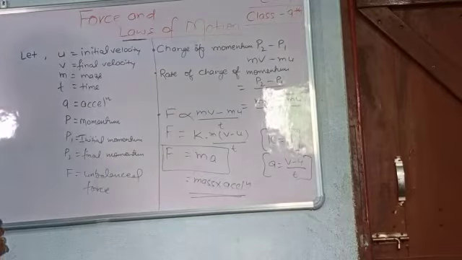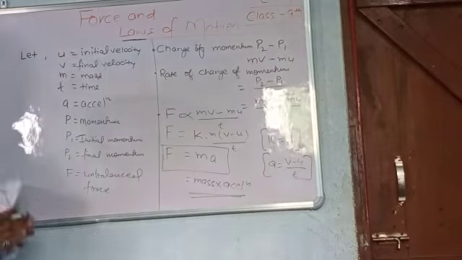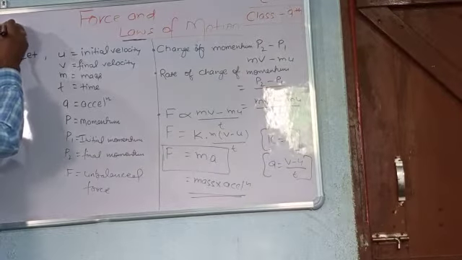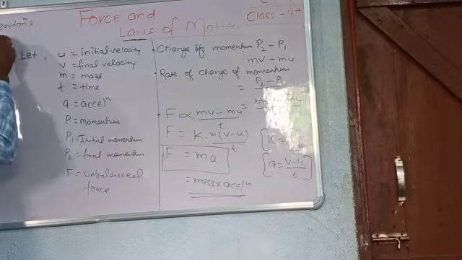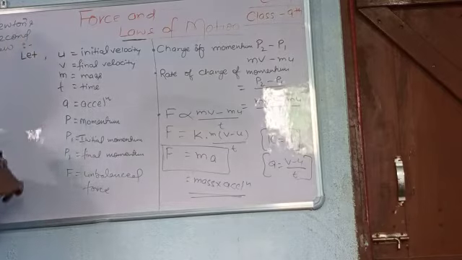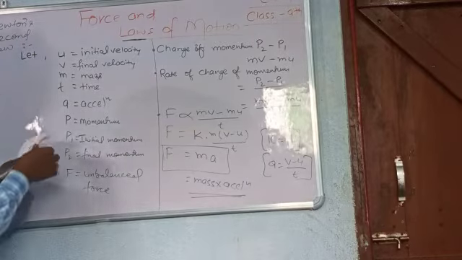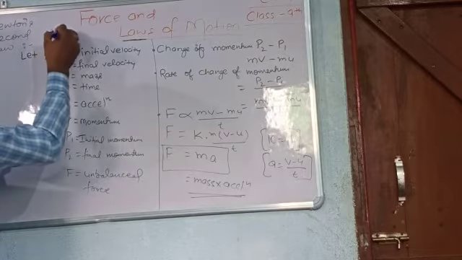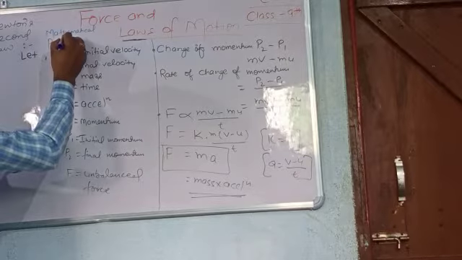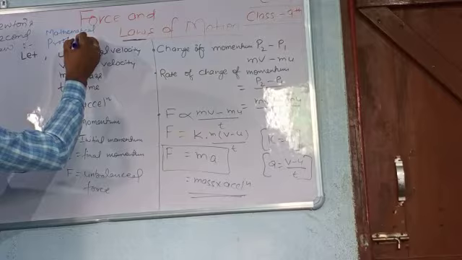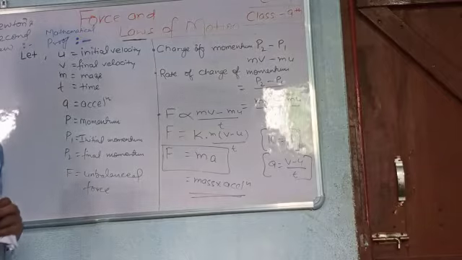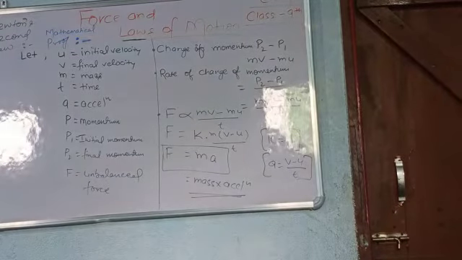So this is all about the mathematical proof of the second law of motion, or Newton's second law. You need to write all these things in your notebook and revise them.